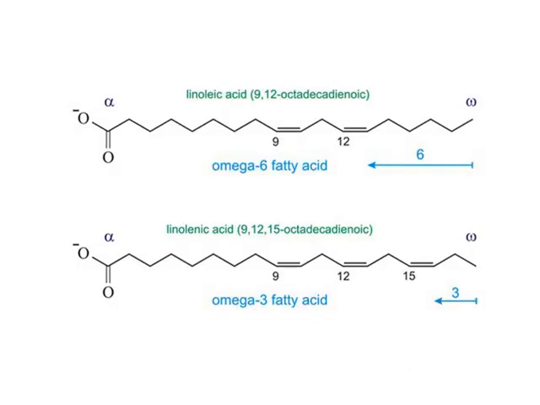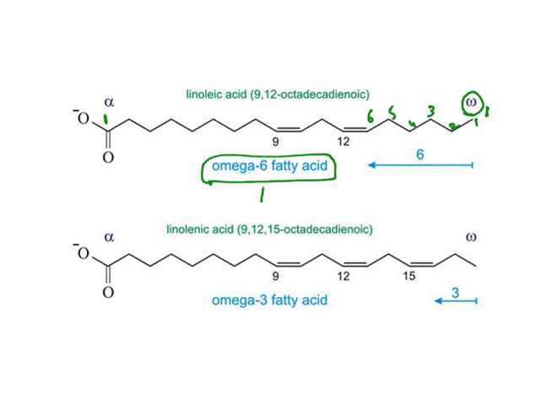Now look at this. This is something called an omega-6 fatty acid. Usually the numbering starts from the carboxylic end, but in omega nomenclature, the last methyl carbon is the omega carbon. So this one becomes the first one. So this is the first carbon, and then second, third, fourth, fifth. At the sixth carbon, it has an unsaturation.